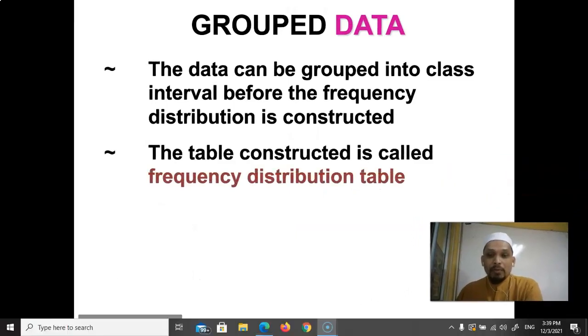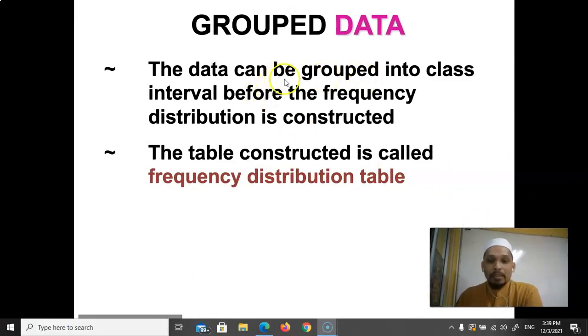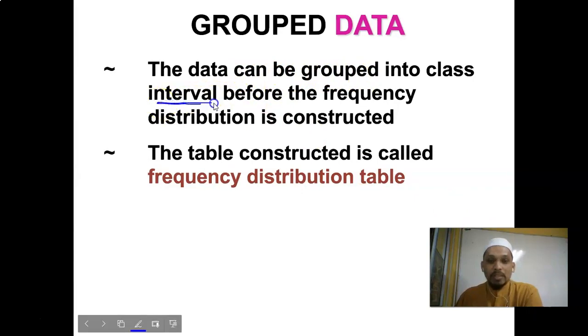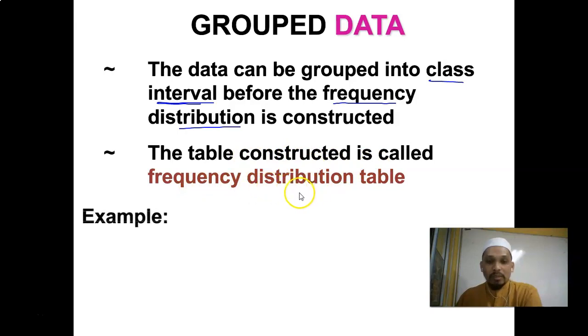And then grouped data can be grouped into class intervals. Okay, so this is the key for this explanation here. The keyword is class interval, before the frequency distribution is constructed. The table constructed is called a frequency distribution table.